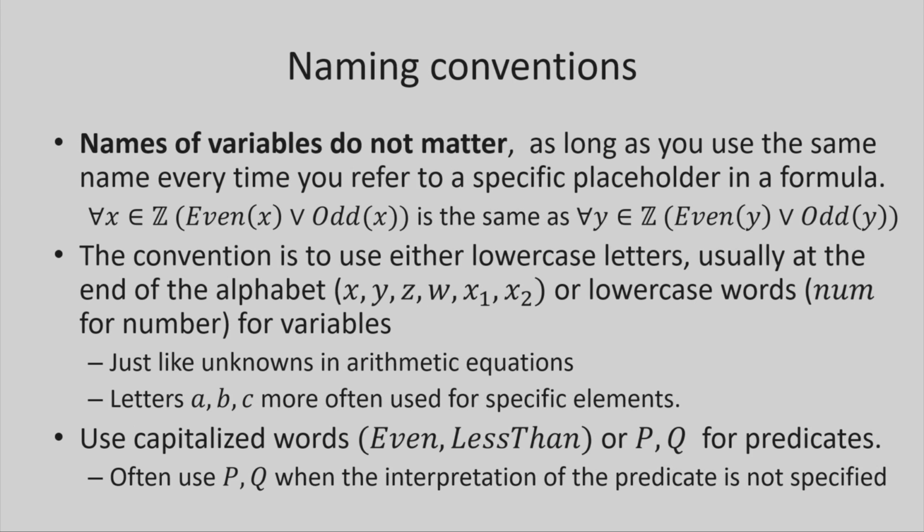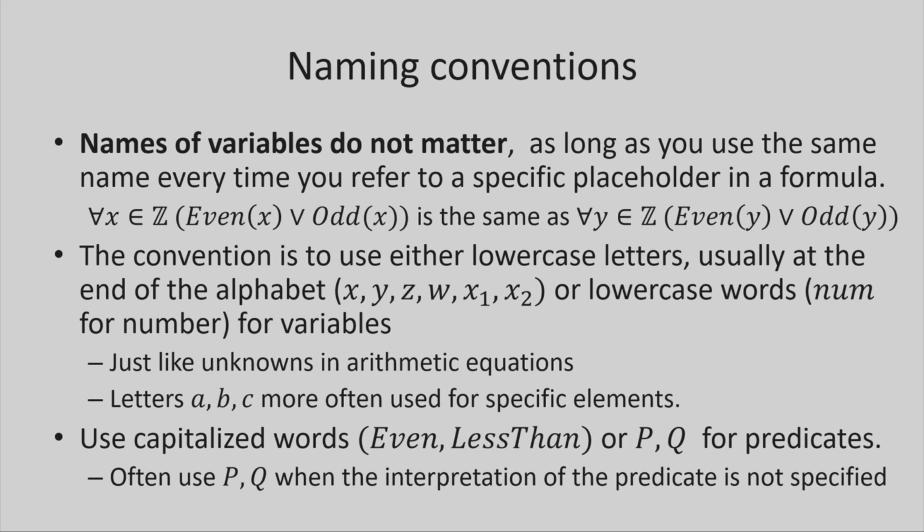Usually, and again, it's just a convention, letters at the beginning of the alphabet, such as A, B, and C, are used to refer to specific elements. So if you're thinking of something concrete, you would call it A or B or C. If you're thinking of something generic, you would probably call it X or Y or Z.